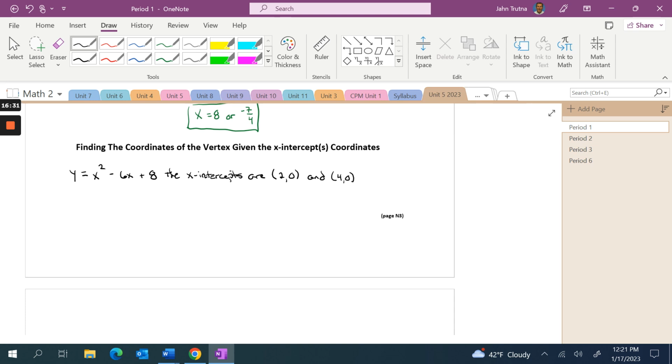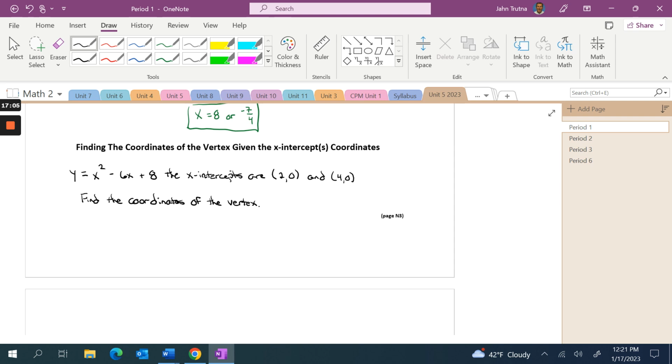Okay, and what we're going to do in this problem is find the coordinates of the vertex. We know an equation, and we're also given the x-intercepts coordinates, okay?